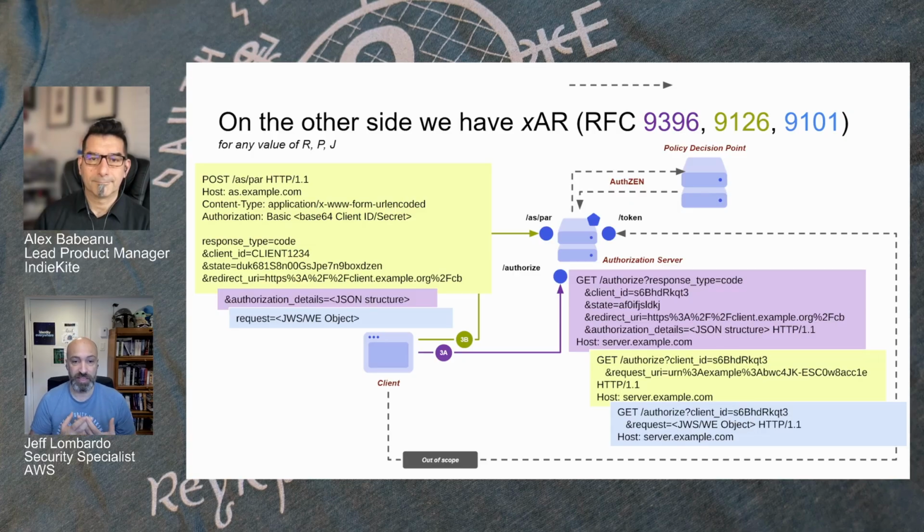We know that if need be, the client can make a Pushed Authorization Request, which is authenticated before making the authorization request in order to pass the different elements. We know that the information can also be passed into a JSON structure, which is what JAR is for. So that's why we call out those three specific standards, the RAR RFCs, over here, because that's something that we know the client can use to talk to the AS.